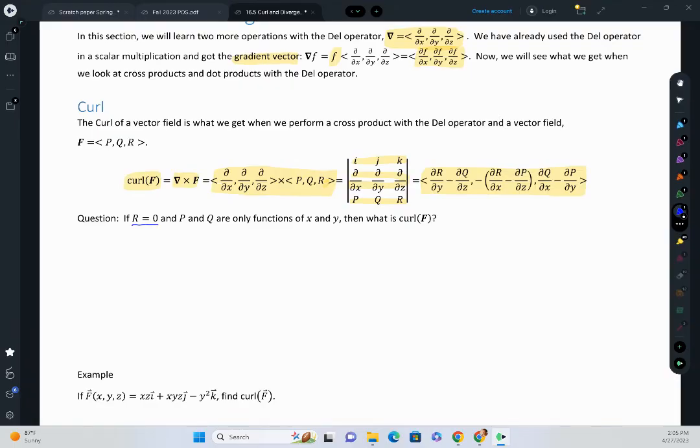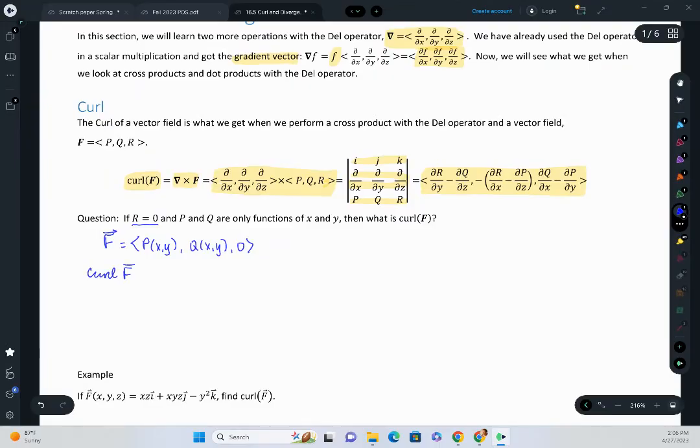Okay, so here is what F is based on what they're saying. They're saying that P and Q are only functions of x and y, so let's write P of x, y and Q of x, y and then 0. Okay, that way I'm going to use my memorized form, that I don't have memorized, to see what happens.